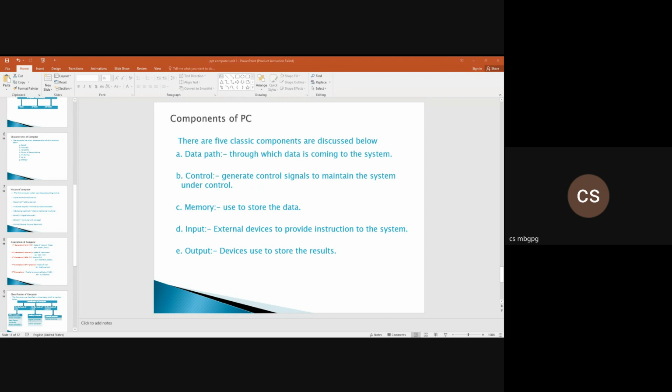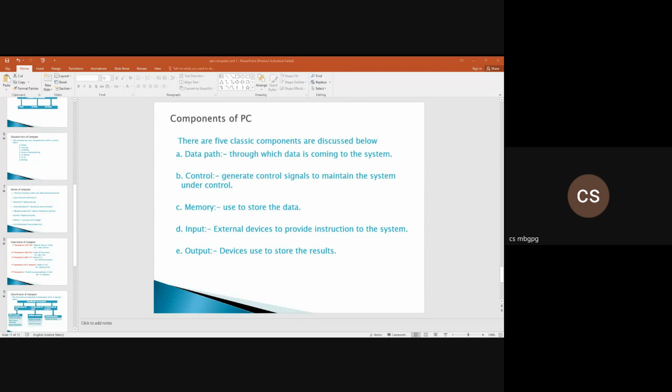And the output unit displays the result that is obtained after executing the program. And the central processing unit is also called the brain of the computer system. It is responsible for executing instructions. It controls and coordinates the execution of the instructions.